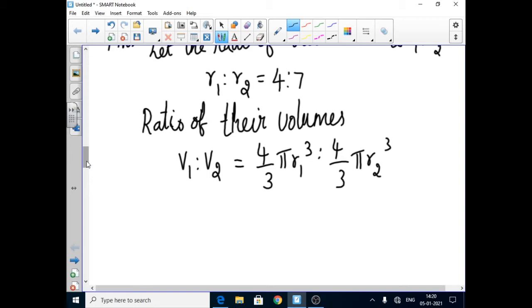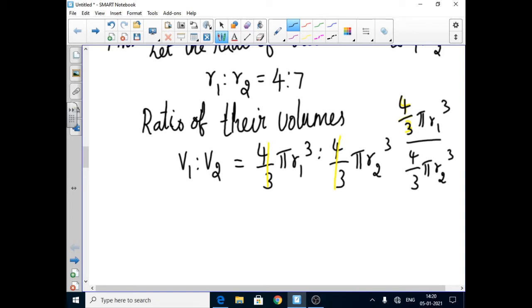Okay, so here also we can do the cancel. V1 is to V2, here we can't do any cancelling, but here we can do the cancelling, that is 4/3 and 4/3. 4/3 pi R1 cube divided by 4/3 pi R2 cube, that is why we can do the cancelling.